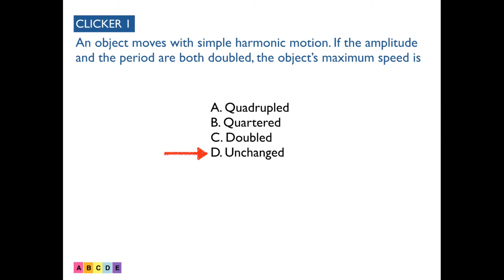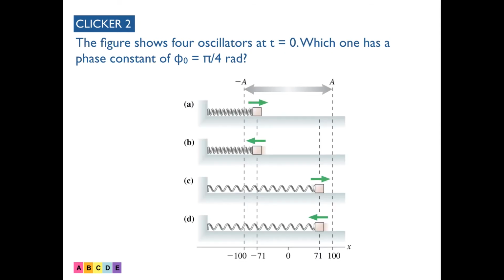All right, here you can think about phase. We have these 4 different situations, and what does that mean in terms of which one has a phase constant of pi over 4? Okay, so I'll give you a second for that one. Pause. Okay, so think about a circle.